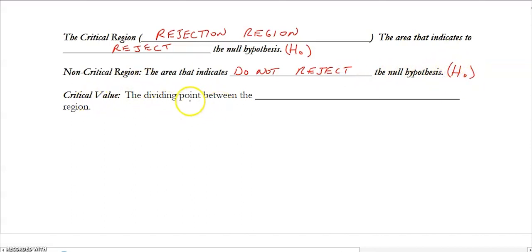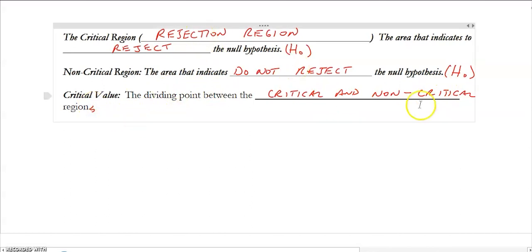And the critical value is the dividing point between the critical region and the non-critical region. Both would work.